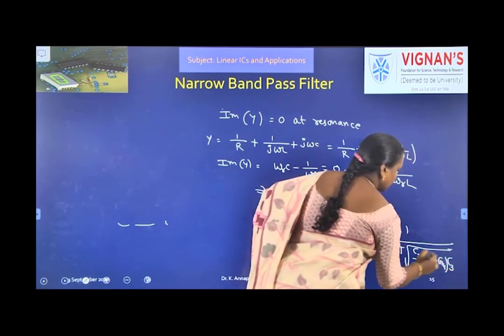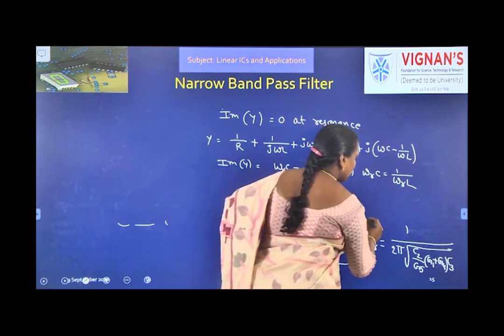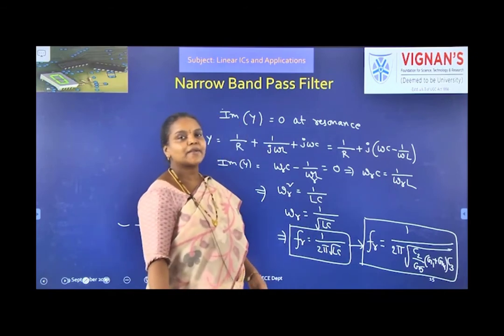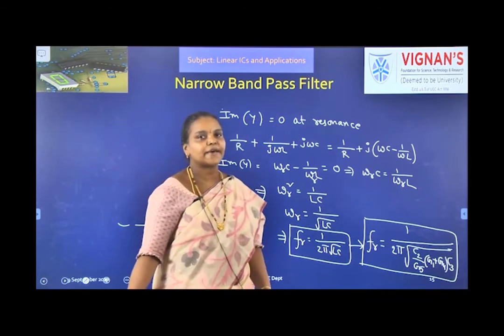C3. So this is the resonant frequency of narrow band pass filter. Resonant frequency of narrow band pass is nothing but the center frequency of narrow band pass filter.